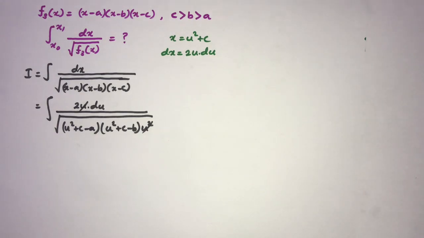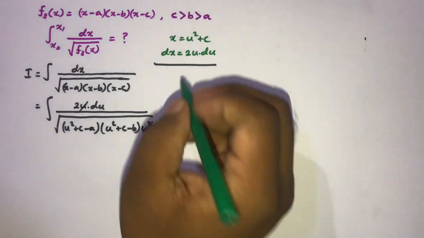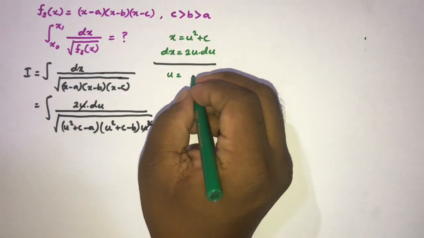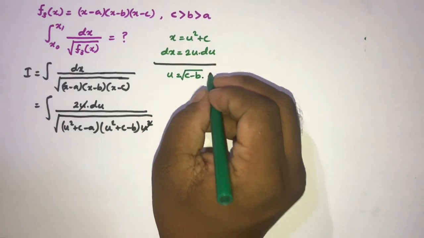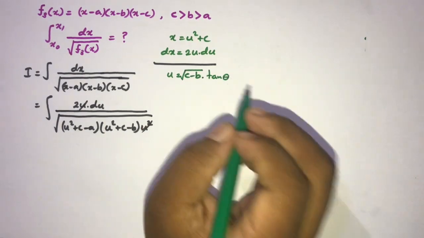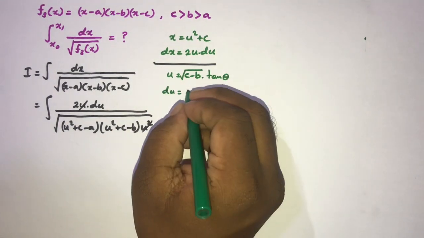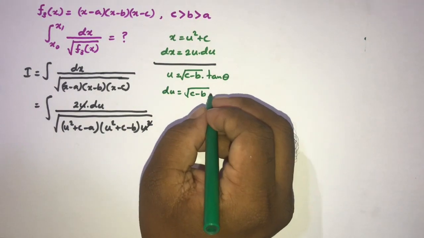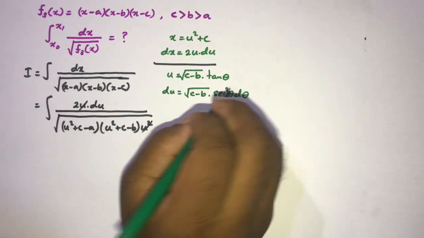Now again I am going to take a substitution. If we take u is equal to square root of c minus b tan of theta, now differentiate, so du is equal to square root of c minus b secant square of theta d theta.